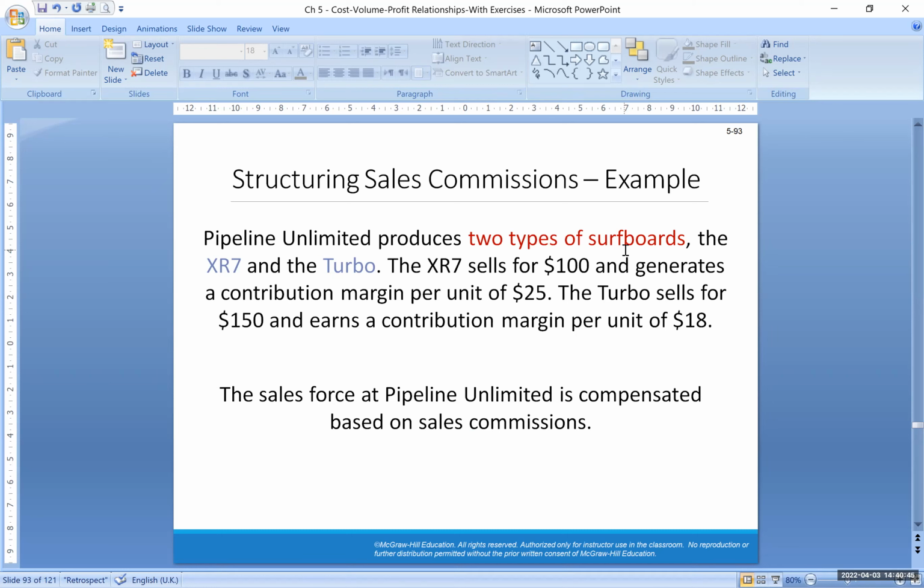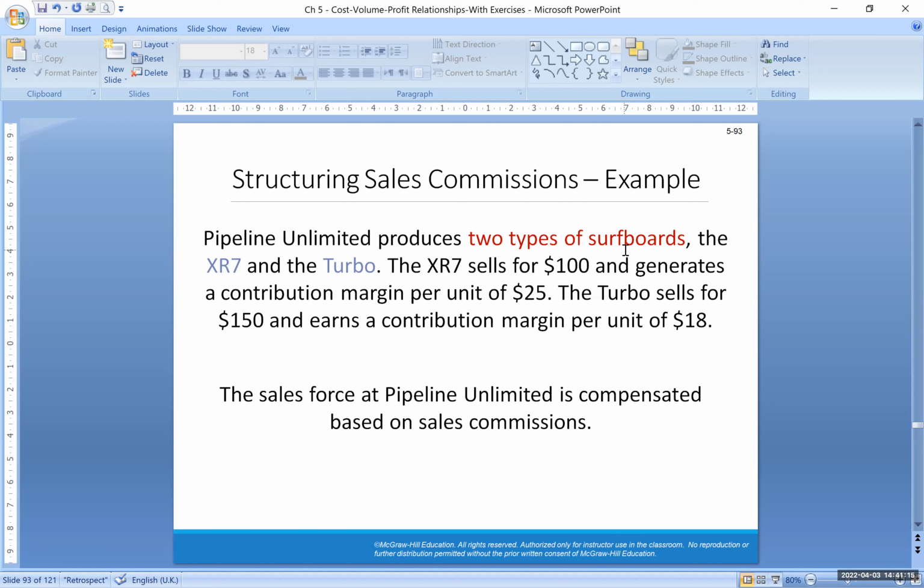The Turbo sells for $150 and earns a contribution margin per 1 unit of $18. The sales force at the company is compensated based on sales commissions. So the solution: if you were on the sales force, you would push hard to sell the Turbo, even though the XR7 earns a higher contribution margin per unit.